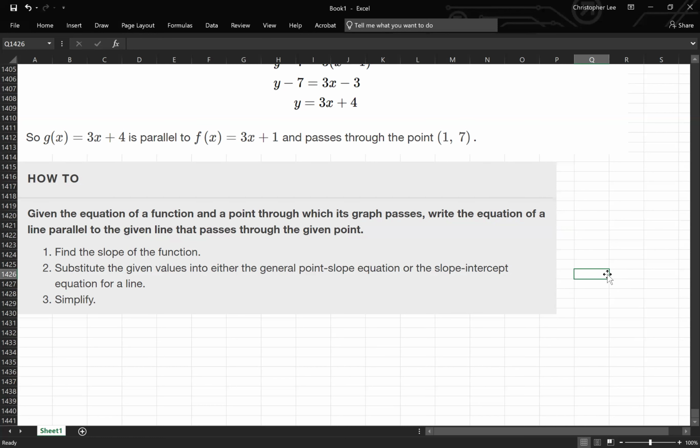So first, you want to find the slope of the function. Two, you want to substitute the given values into either the general point-slope equation or the slope-intercept equation for a line. Three, simplify.